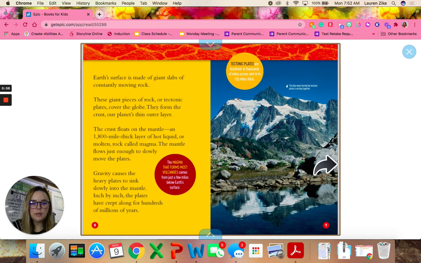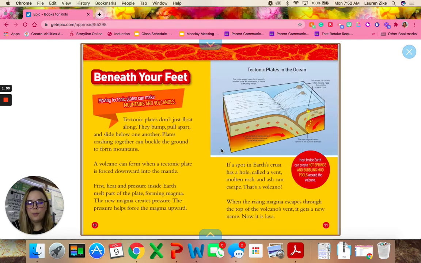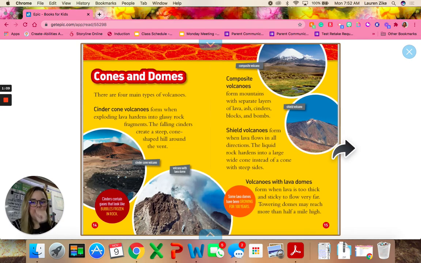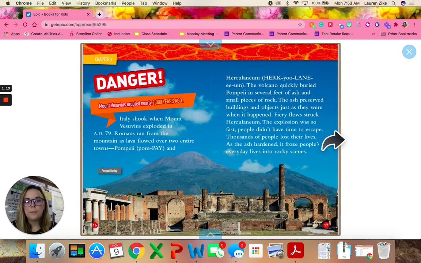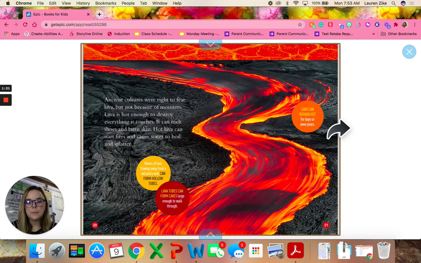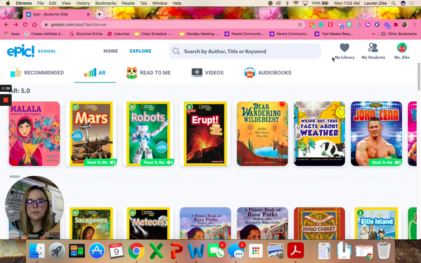Little captions. We have a model, so like a drawn out model. Some more photos. More photos, and they're all labeled. Some more photos. Some drawings. Some more photos. Let's take a look at another text.